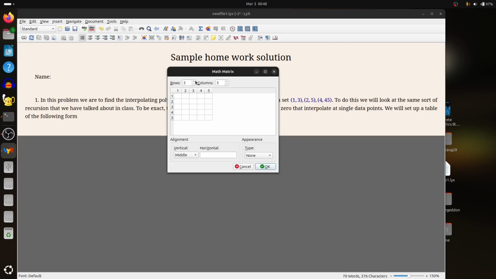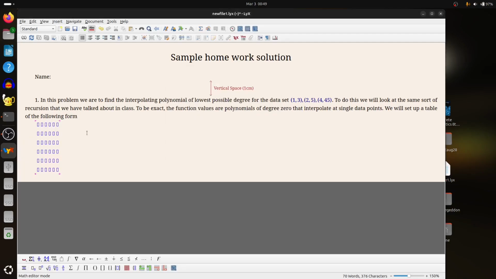Well, how about I do 6 rows and 6 columns, because that will allow me to put blank spaces between things. Maybe it'll look a little bit nicer. Alignment. Just leave it as is.